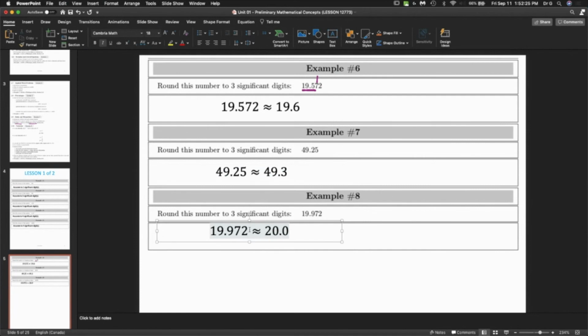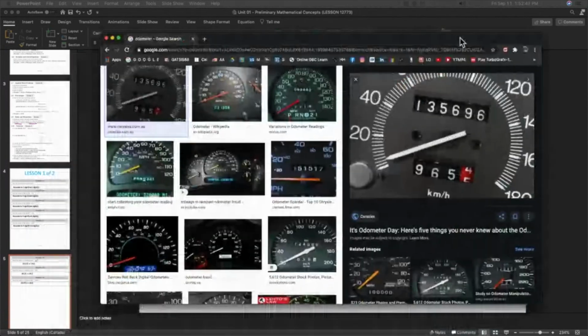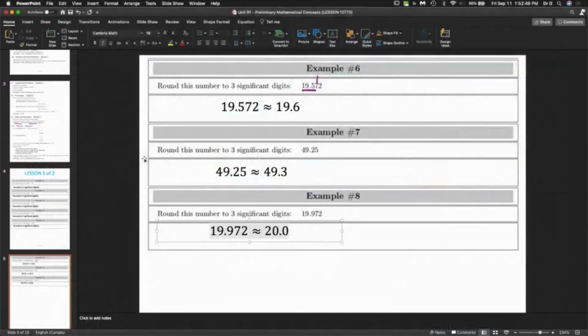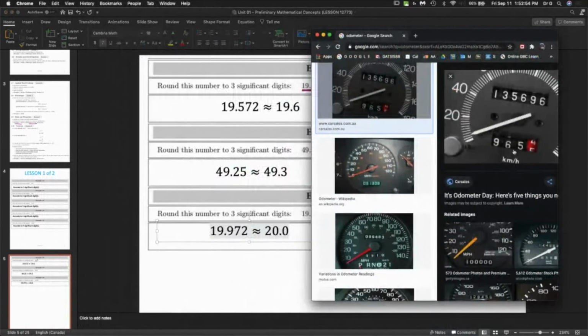So for this one, I want you to think of the following picture. I have to open up a Chrome window for a second. See this picture here that I'm circling with my mouse?